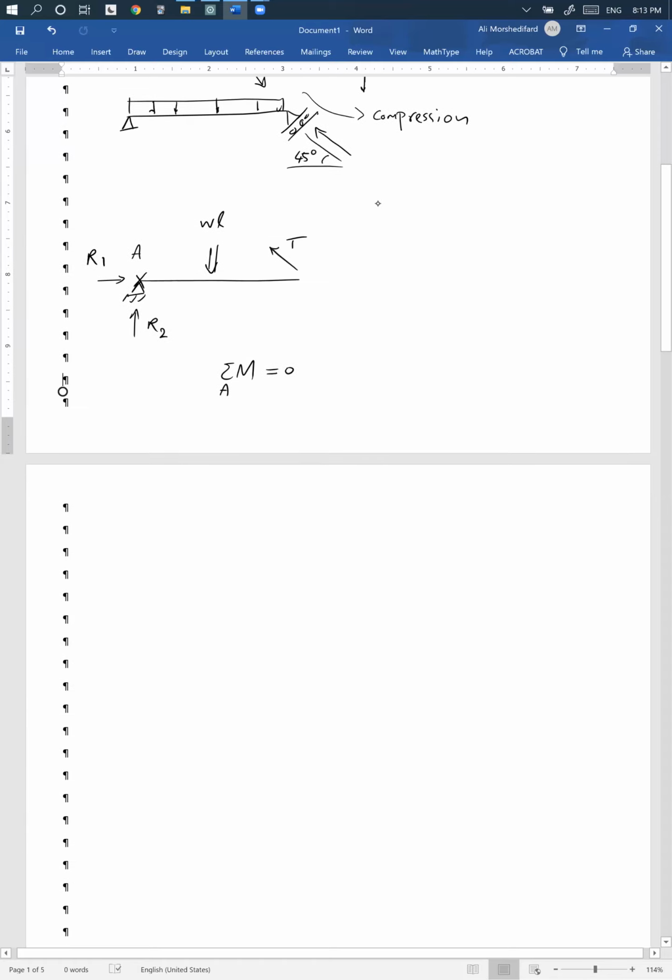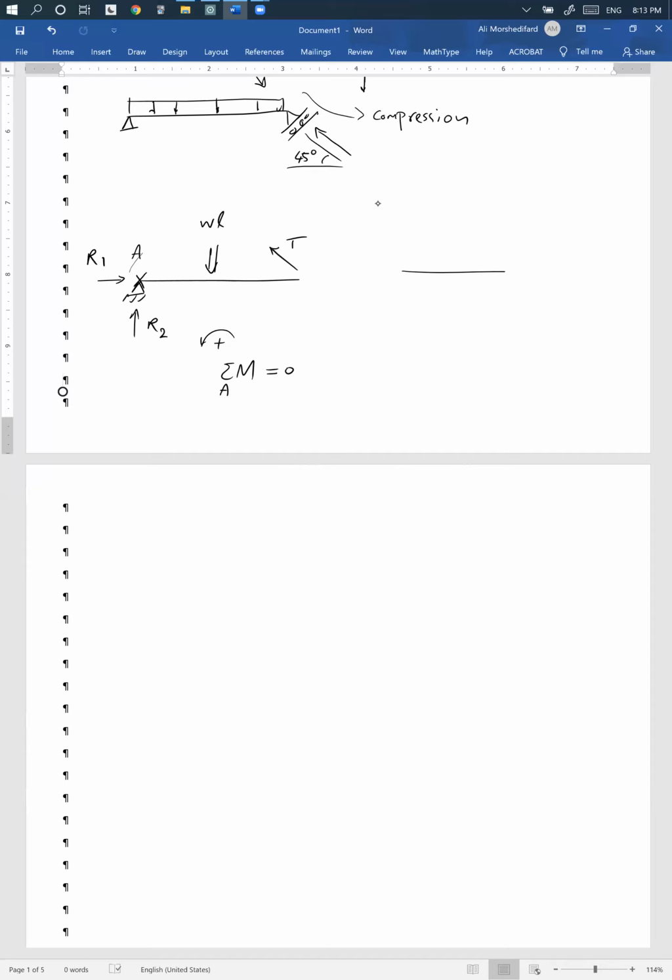All right, so I want to take the moment about A. So whenever you're taking this global moment equilibrium, right, the sign is completely arbitrary. So I'm writing equilibrium equations for this segment, right, this part, which is the whole structure here. So I can just take this one or the other way. So here I take this one. So the other thing I do is I decompose this force, this T force, in two directions.